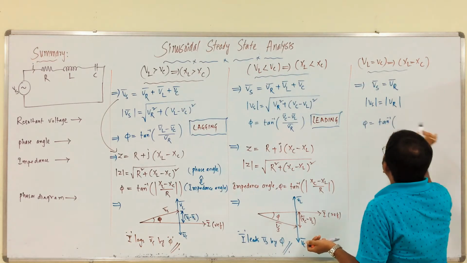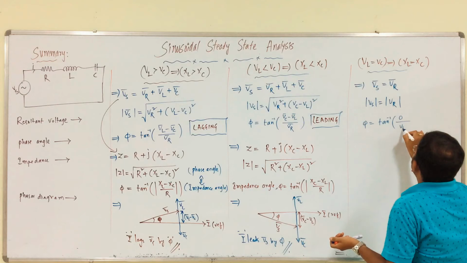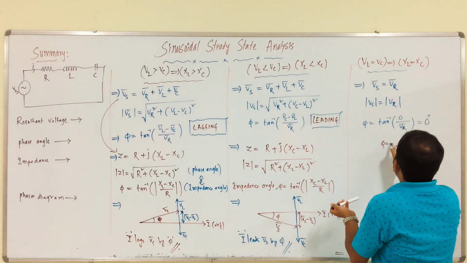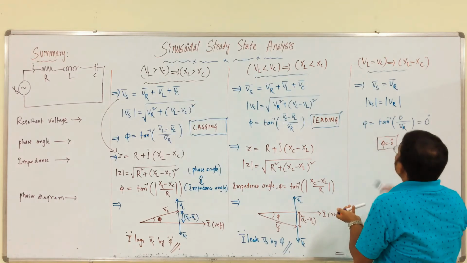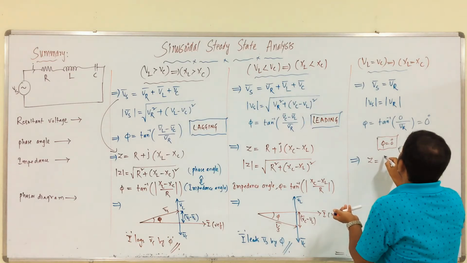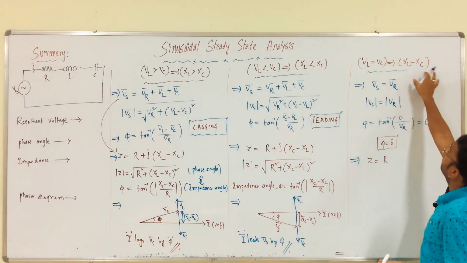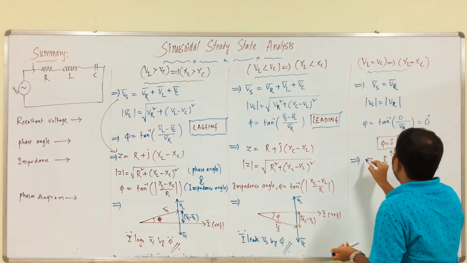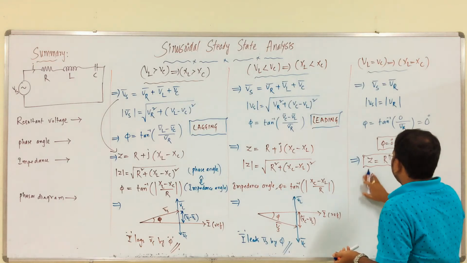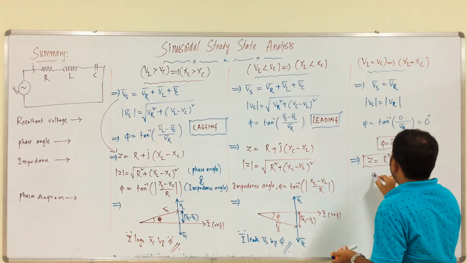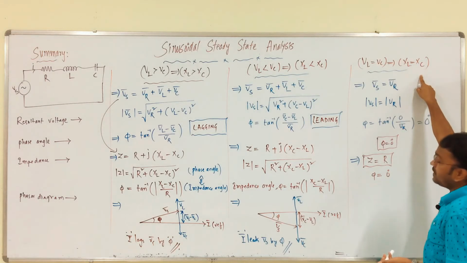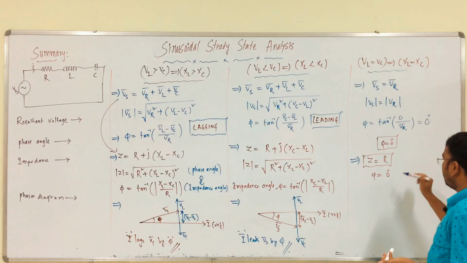Tan inverse, we do not have any reactive component, only the resistive component, therefore phi is 0 degrees. Then impedance is what? Z is equal to R only, since XL equals XC. The impedance angle, XL minus XC or XC minus XL by R, is obviously also 0 degrees.